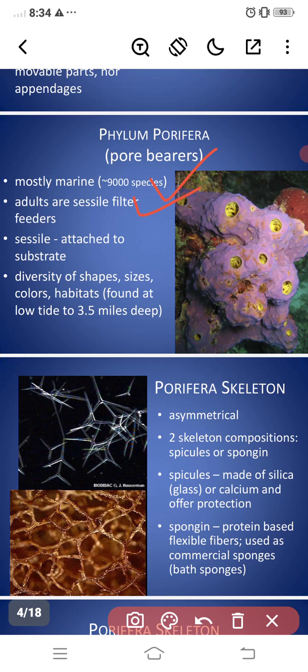They don't move from their places and are attached to the rock by a substratum, or we can say the roots. They have diversity in different shapes, sizes, colors, and habitats, and are found from low tide to great depths.